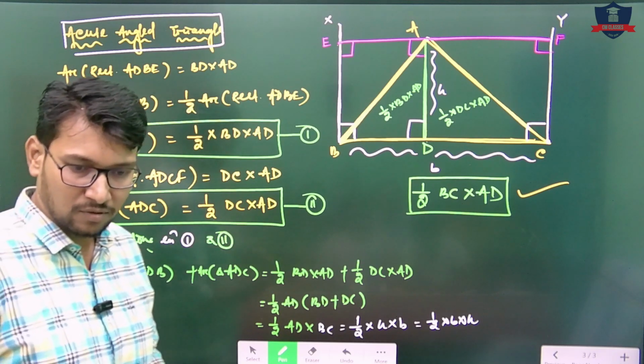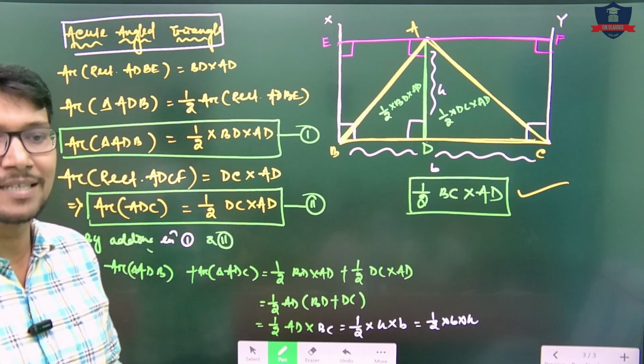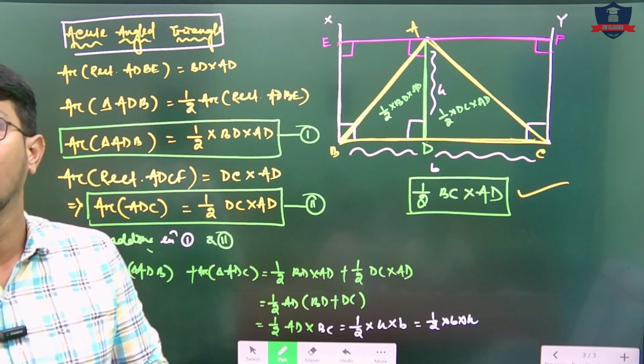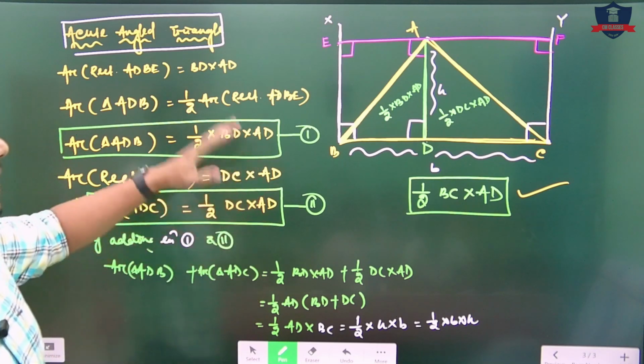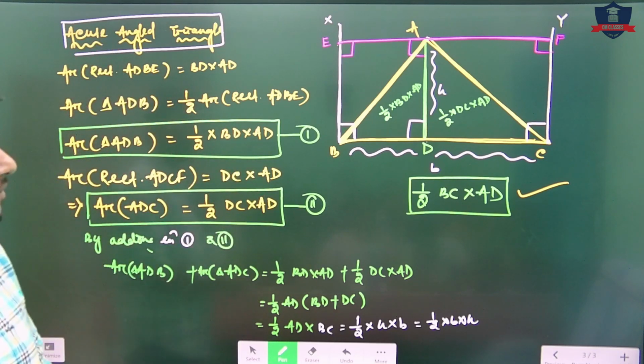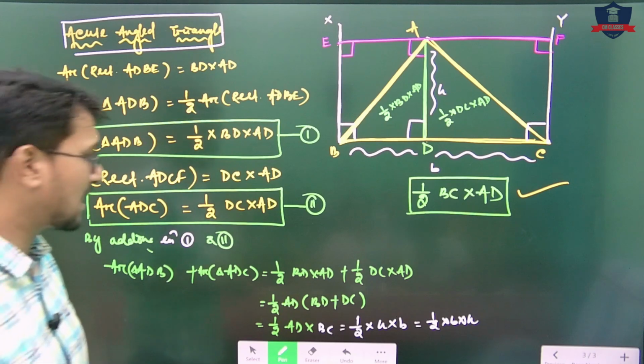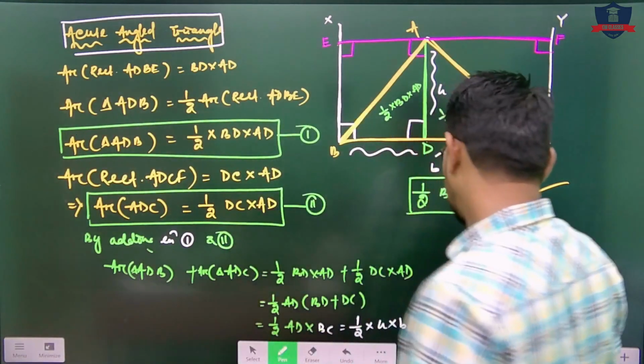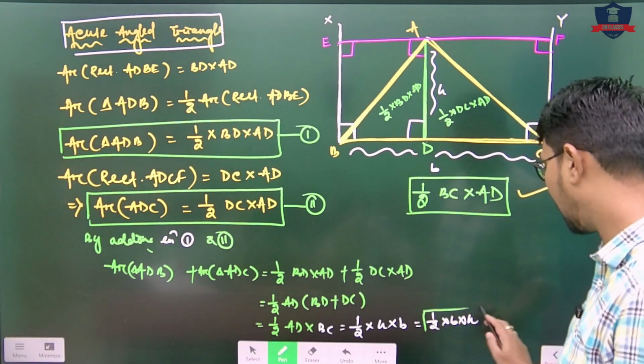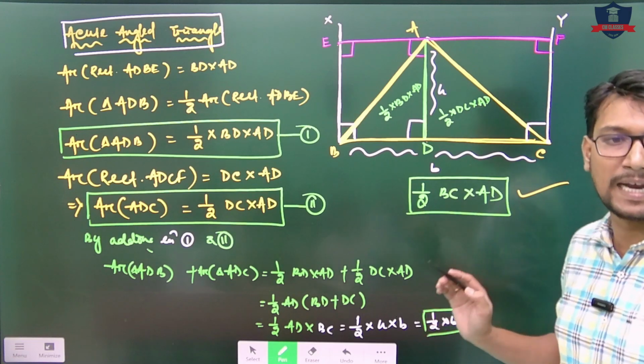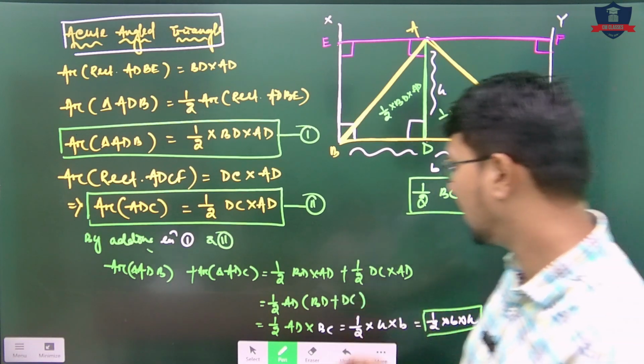Shall we move to the next part? Next is which triangle I said? Obtuse-angled triangle. So this is over for the acute angle triangle. Let us prove that half into base into height is also applicable for the obtuse-angled triangle. Clear, everyone? Chalo, moving to the next slide.